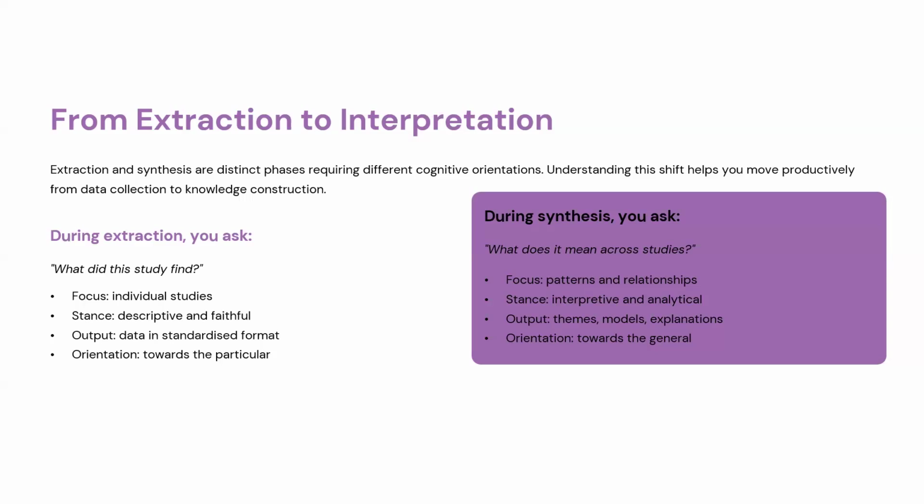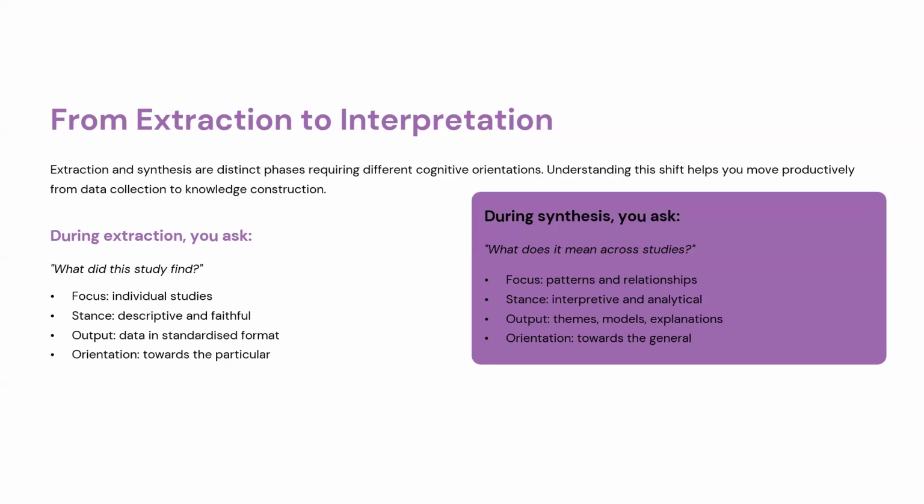And so the focus in this case is on patterns and relationships compared to individual studies. The stance is interpretive and analytical compared to descriptive and faithful. The output is in terms of themes, models, and explanations, as opposed to your standard format of presenting data. And finally, the orientation is towards the general instead of the particular.